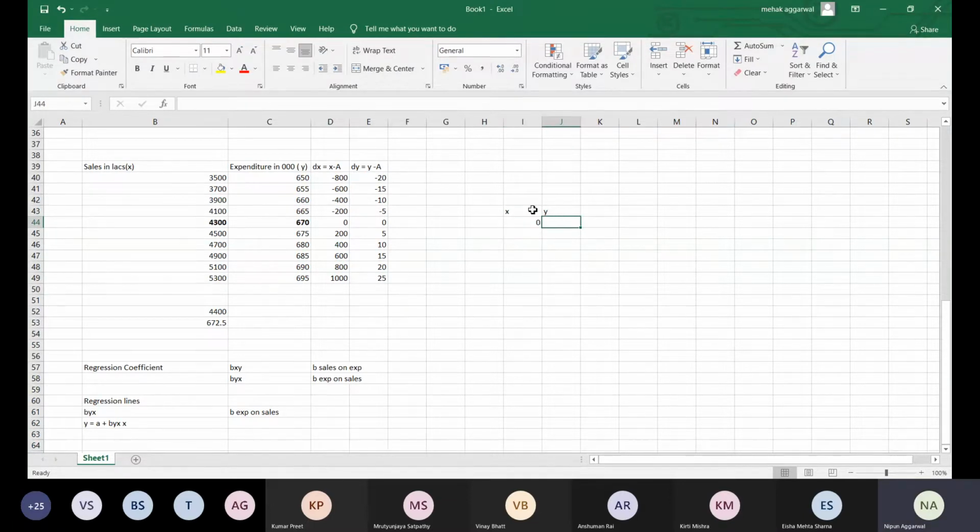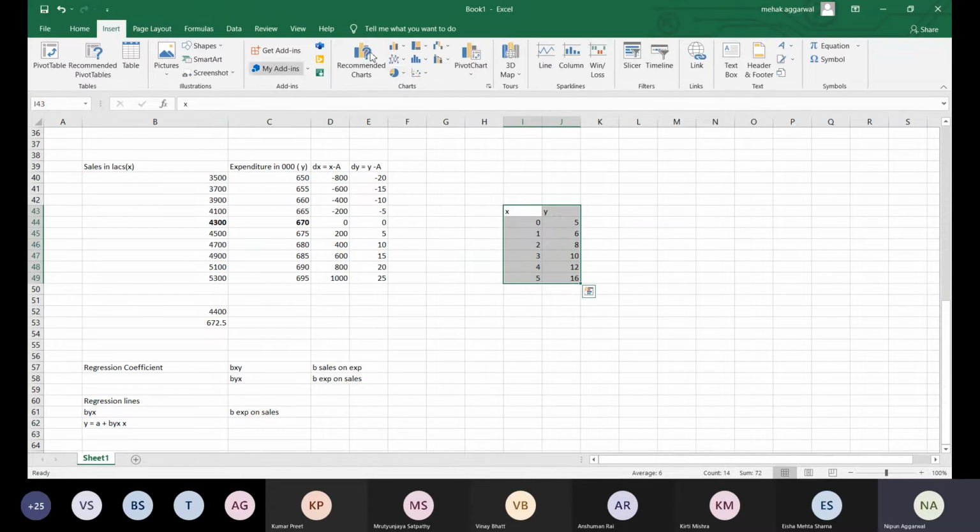Suppose if x is 0, y is 5, 1, 2, 3, 4, 5. So this is suppose 6. Suppose we plot a graph.